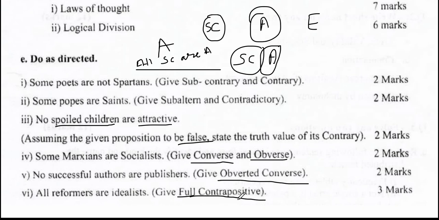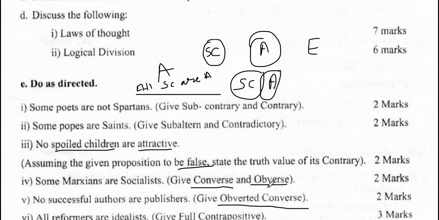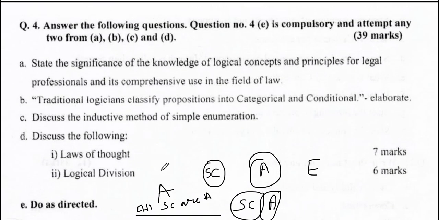Ask me if you have some doubts in the comment section and I'll try to help you out. With this, I end this video. Look at the different types of questions also, where you can score an additional 10-15 marks very easily and get a good score in elementary logic for semester 1, first year BA LLB, Mumbai University.